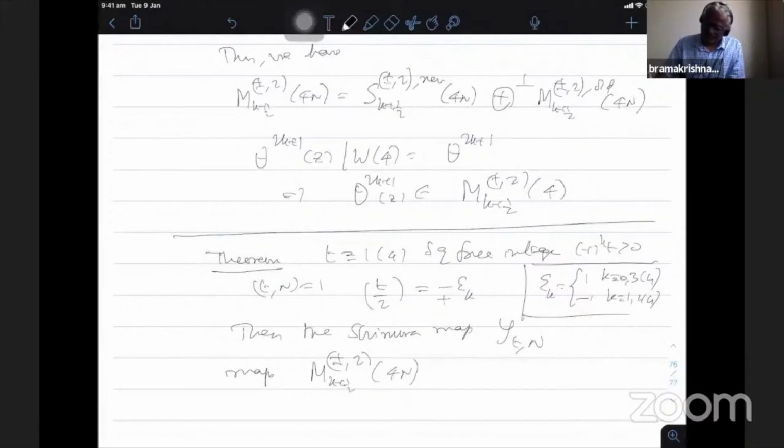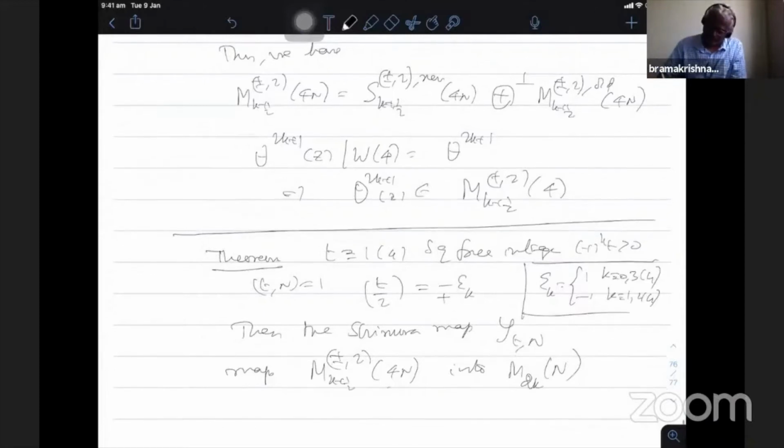When I take the minus space, I have to take plus epsilon_k, into M_{2k}(N). So the Shimura map generally takes level 4N to 2N. That's what we saw. Only the Shimura-Kohnen map restricted to the plus space goes down the level by another factor of 2. But in this case, when I take the W_4 eigen subspace, even the Shimura map takes level 4 to level 2N. That's the main property.